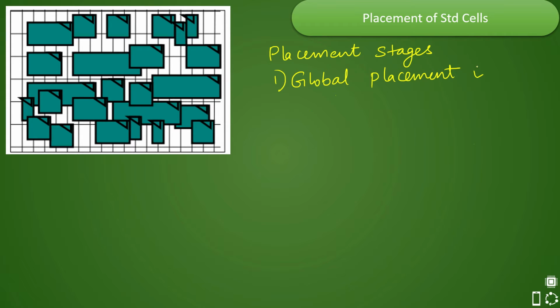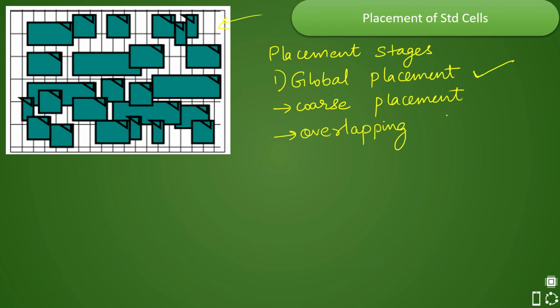Let us first understand the first stage, that is global placement. Global placement is sometimes also called coarse placement. Here you can see an image in which cells are overlapping. This is a snapshot of a coarse placement. Overlapping of cells can be possible. Why?